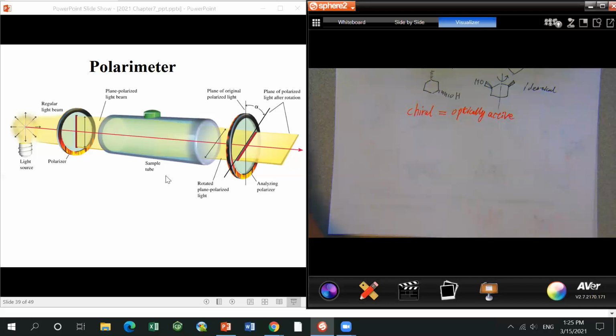It can also tell you about two different enantiomers. Here are the parameters. When I was a student, I used the manual kind, where you have to adjust some parameters and then measure the rotation angles.